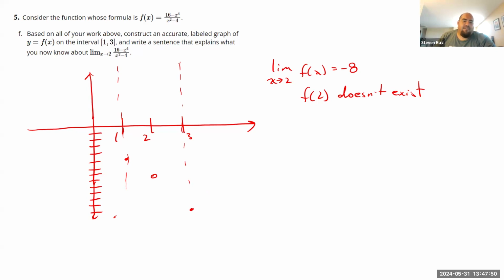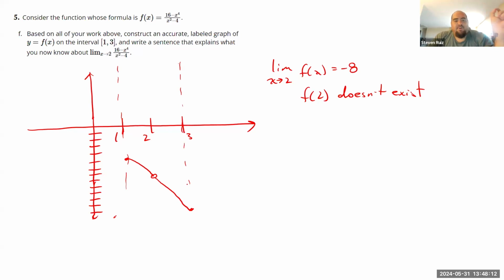I also know that the limit at 2 exists even though the function is not defined at x equals 2. But what I know is this. Basically, you can think of what happens to this function at x equals 2 as there being a hole there. There's like a removable discontinuity. But I know the limit exists.